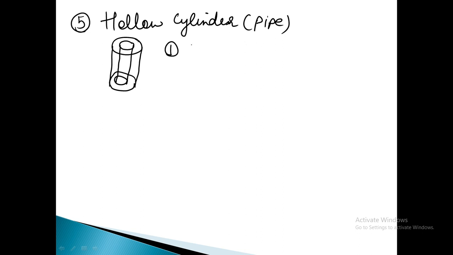First formula, 2πRh. In 2πRh, we will use capital R and small r for the two radii.